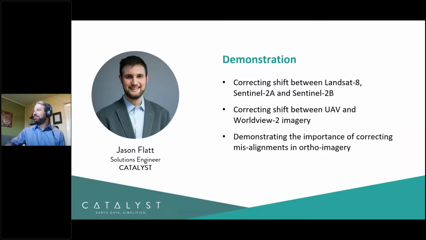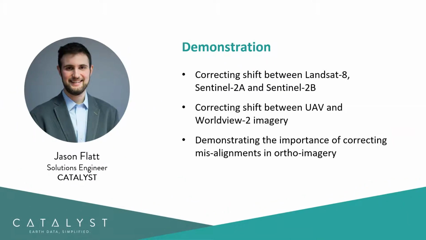Hello, everyone. For today's demonstration, I'm going to showcase 2 examples that cover misalignment. The first example is based on the shift and misalignment from ortho-imagery of SAME and of Landsat and Sentinel 2A and 2B imagery. As Sean's already mentioned, it will be covering the Ever Given, the example of the Suez Canal during the period when it was stuck.